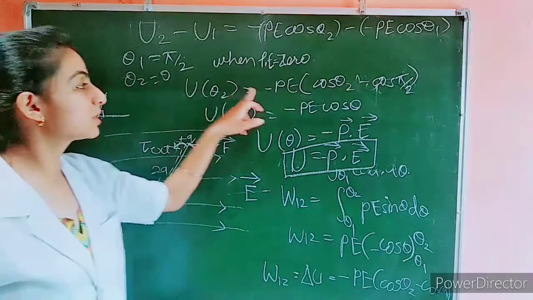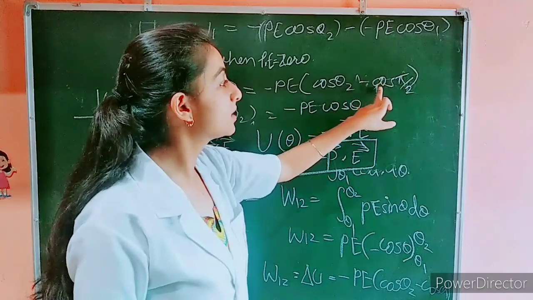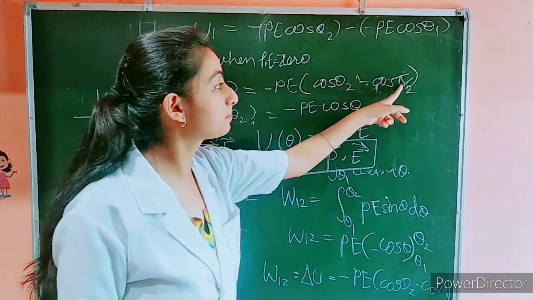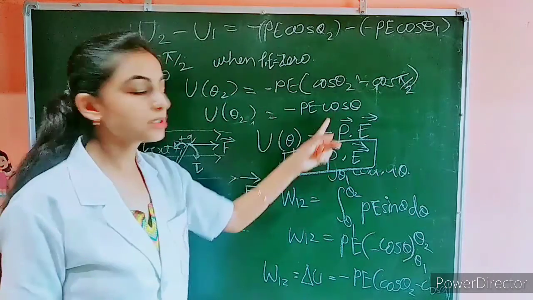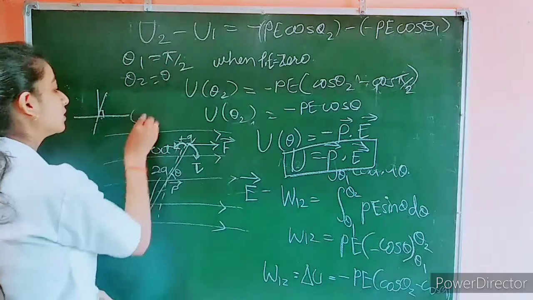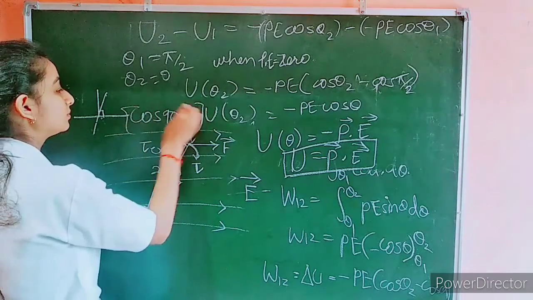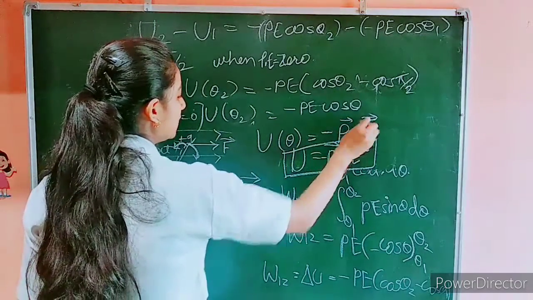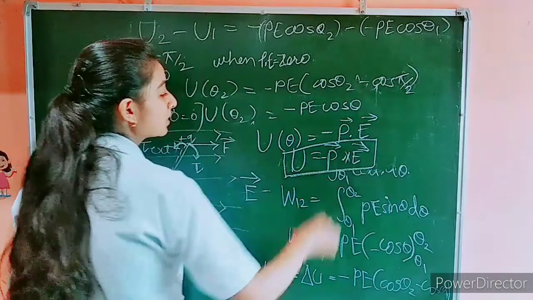So U theta 2 is equal to minus of PE cos theta 2 minus cos pi by 2, and cos 90 degrees will be 0. So U theta is equal to minus P into E, or U is equal to minus P dot E.